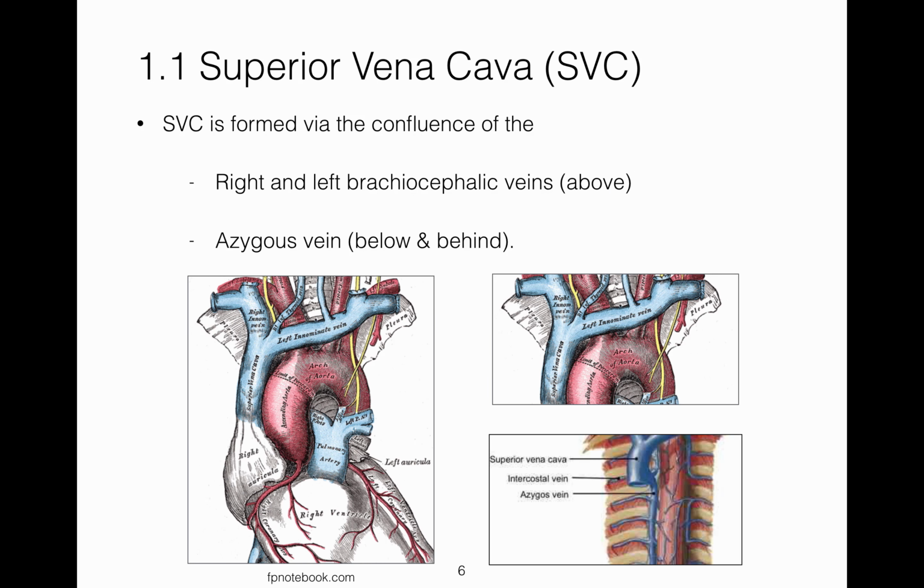The superior vena cava. The superior vena cava, the SVC, is formed via the confluence of the right and left brachiocephalic veins from above and the azygos vein from below and behind.